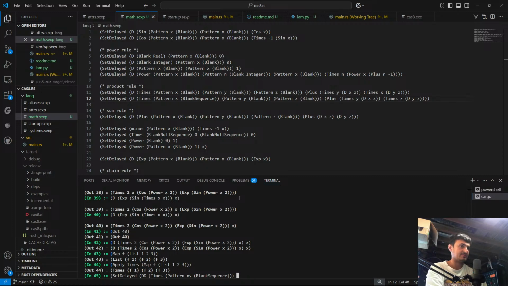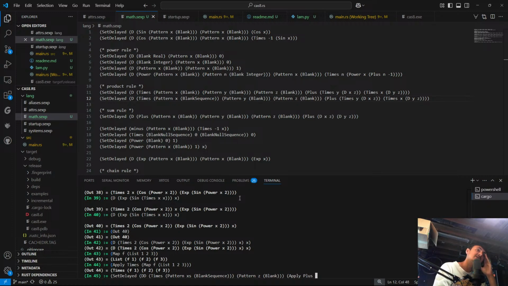And then it's going to be a pattern z blank. Okay, so then it's gonna be equal to an apply plus.